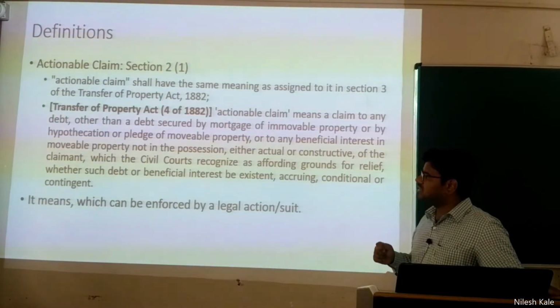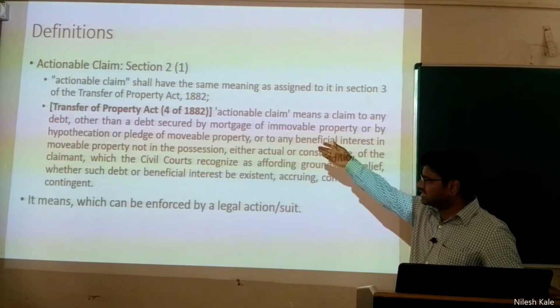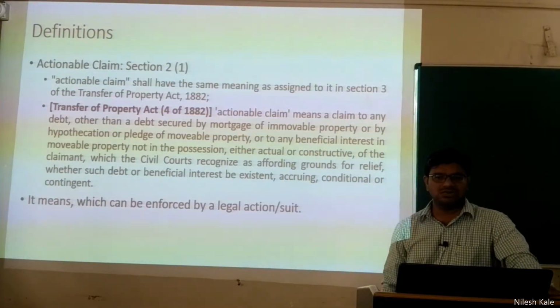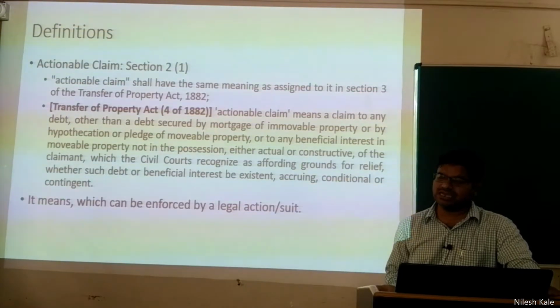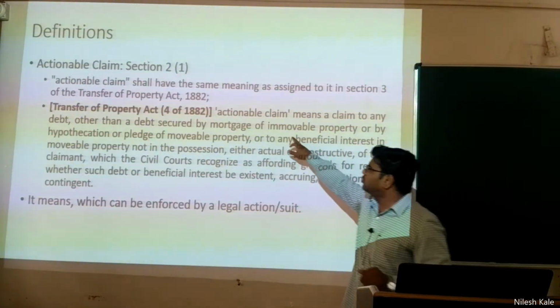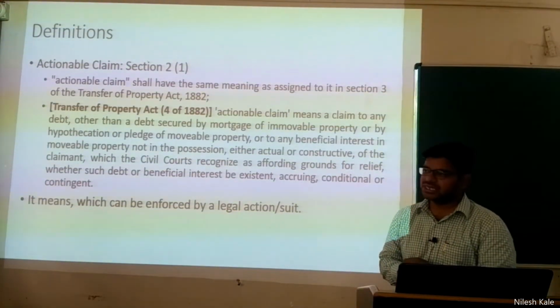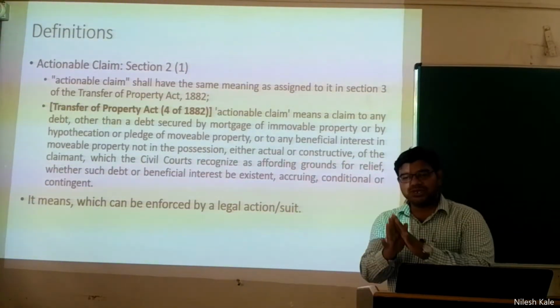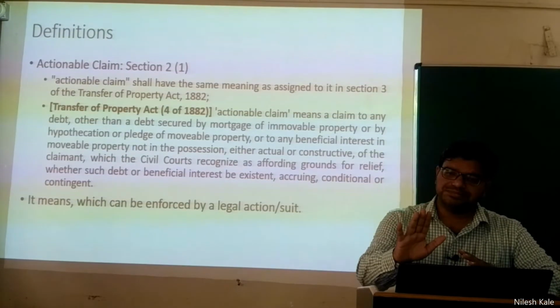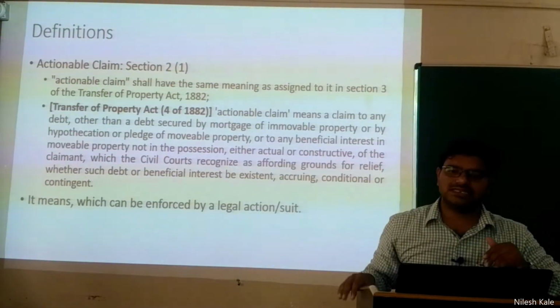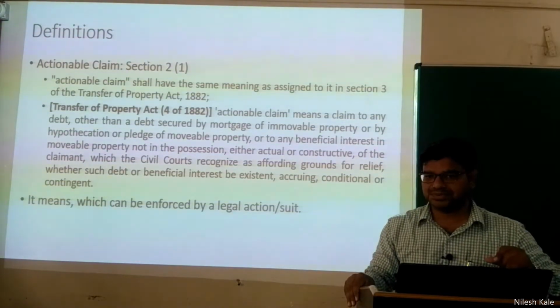Because we have taken it as a loan, either as a mortgage or as a hypothecation or as a pledge of movable property. Again, here they say immovable property, there they say movable property. It means wherever you go, whatever you do, if it is a claim on the debt, then that is called an actionable claim, right?